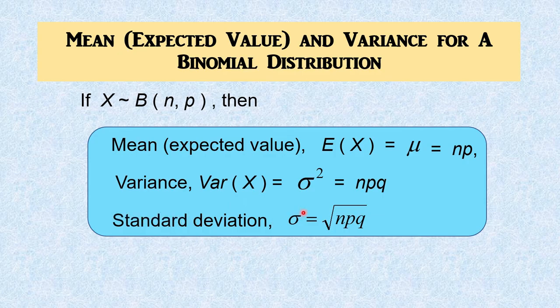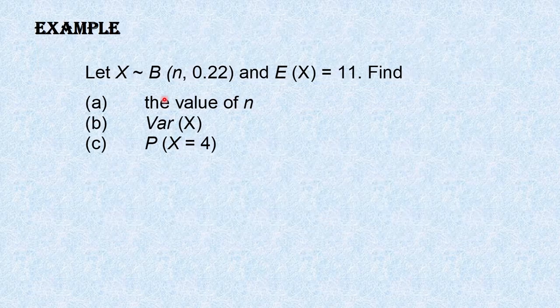The standard deviation sigma is the square root of n times p times q. Example: if X is a binomial distribution and the probability is 0.22 and the expected value is 11, A, find the value of n, B, find the variance, and C, find the probability X equals 4.